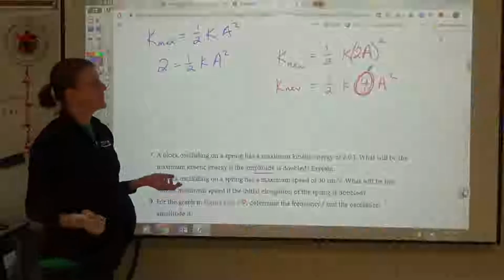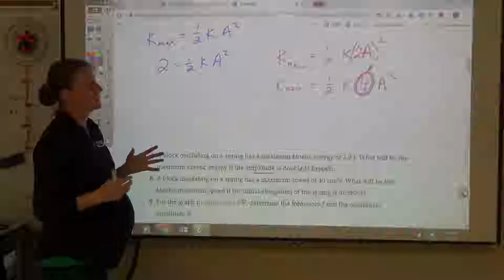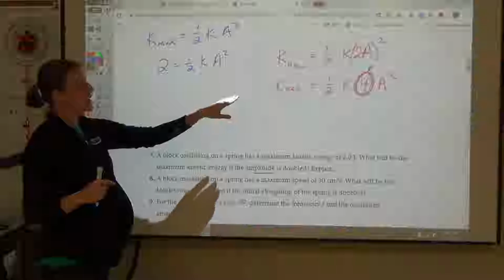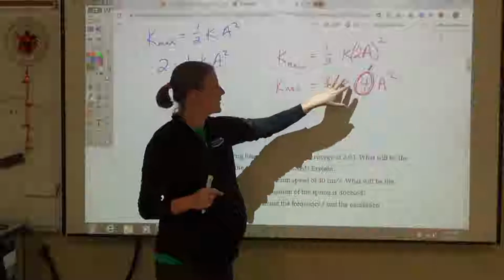If I double the amplitude, because it's squared, you have this factor of four. So my new kinetic energy is really 4 times the old.